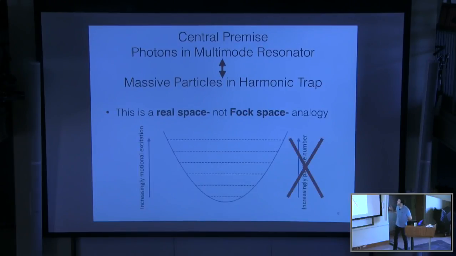By which I mean, if I say photons in a resonator look like a harmonic trap, you immediately think 0 photon, 1 photon, 2 photons, 3, 4, 5. That's not what I mean. What I mean is that in real space, in the resonator, a single photon can be in a lowest harmonic oscillator mode, or a first excited mode, or a second excited mode.